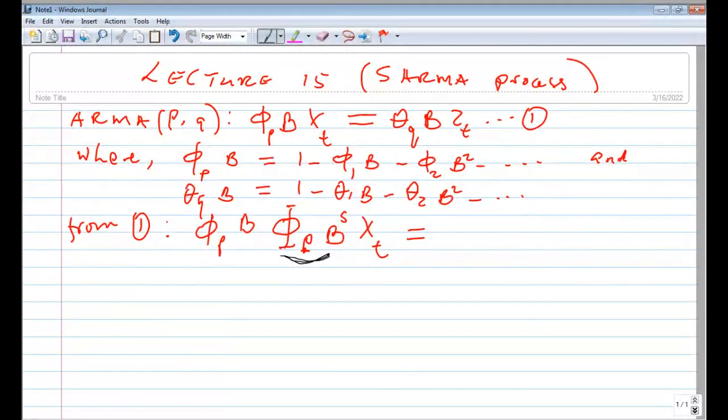Next, yes. I want to ask a question here, sir, on the theta_q(B), which is from the moving average. It's not a plus there? No, you can just put a plus. You mean here, isn't it? Yes, sir. It depends. You can put plus, it's fine. Or you can put a minus, it's fine. That is why I said that in time series processes, plus and minus are the same thing.